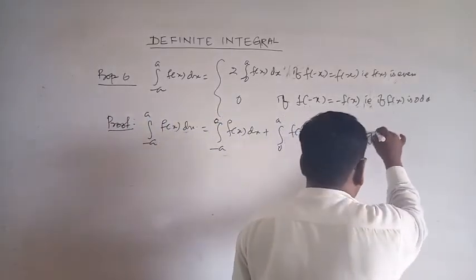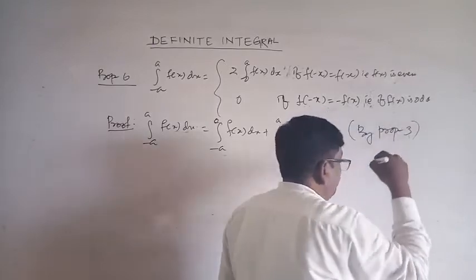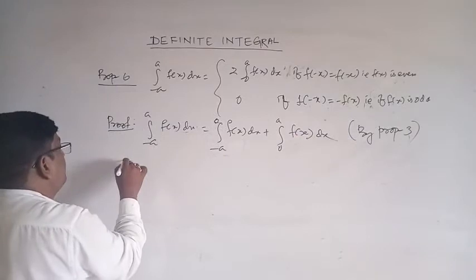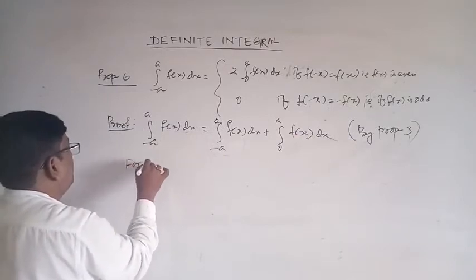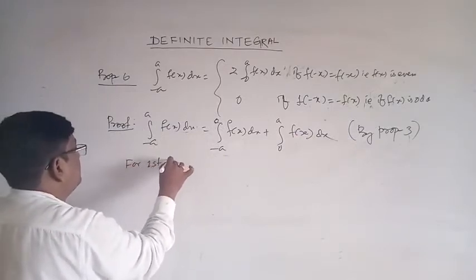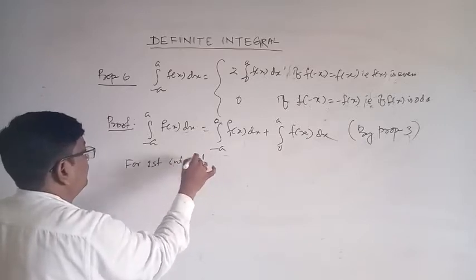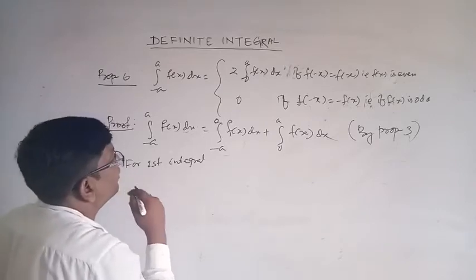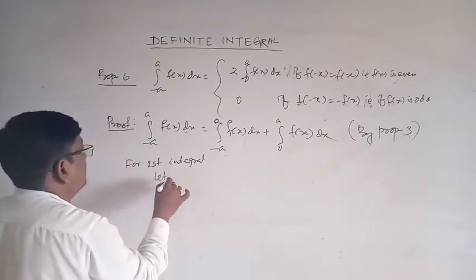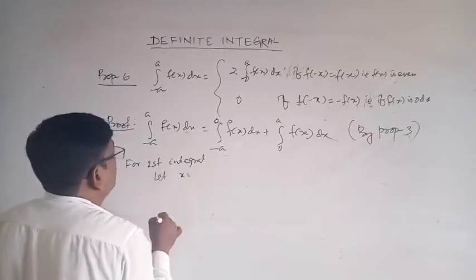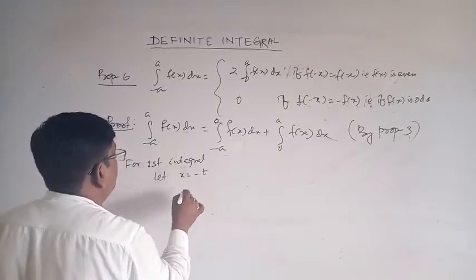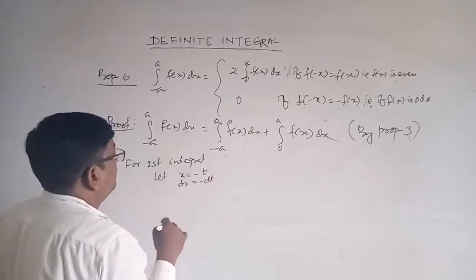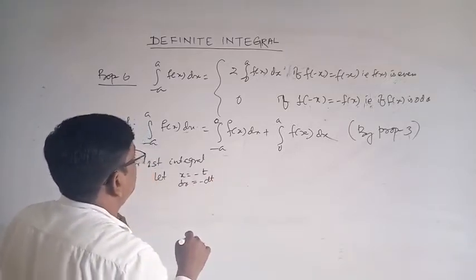For the first integral, let x be equal to minus t. So dx is equal to minus dt.